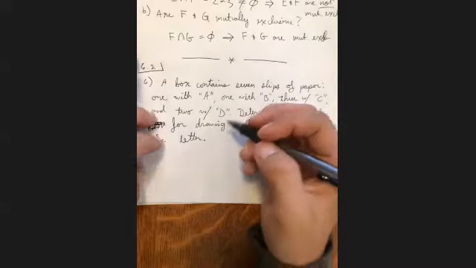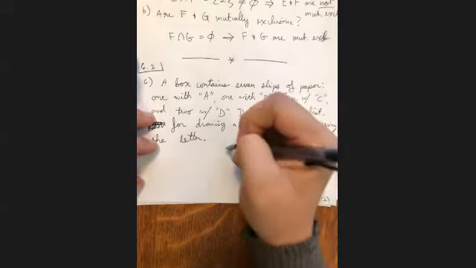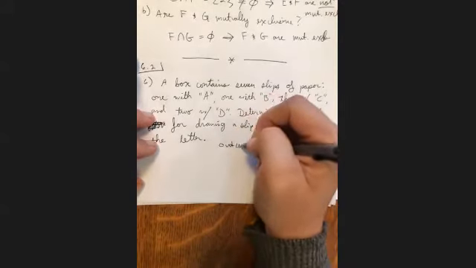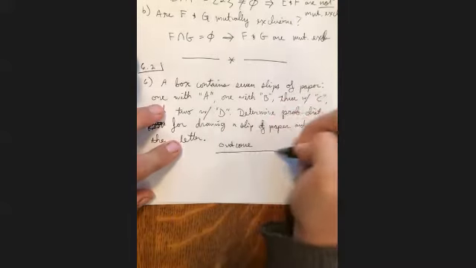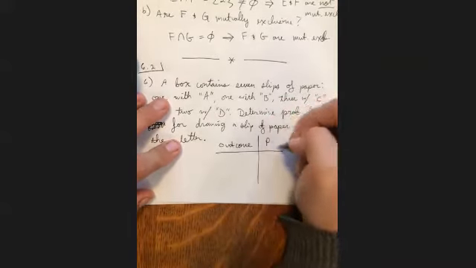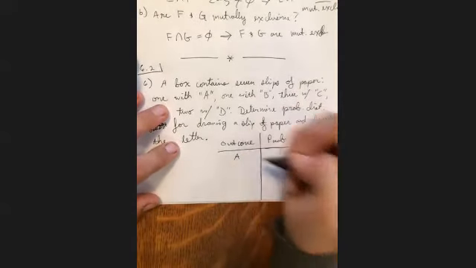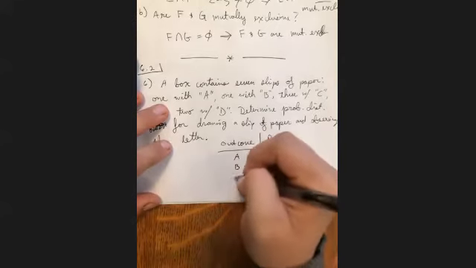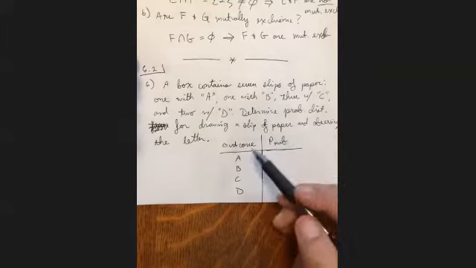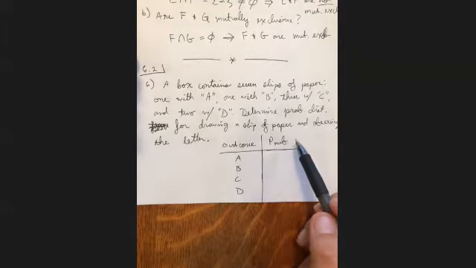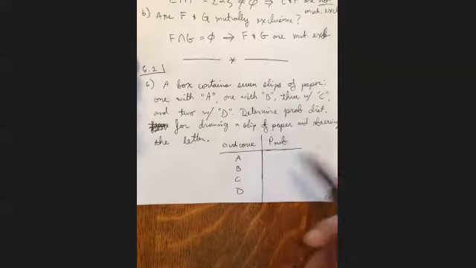We want to determine the probability distribution for the experiment where we're drawing 1 slip of paper and observing the letter. So when you're asked to develop a probability distribution, you should think table. You're going to make a table with the outcomes and the probabilities. So the various outcomes are get an A, get a B, get a C, get a D. Probabilities are relative frequencies.